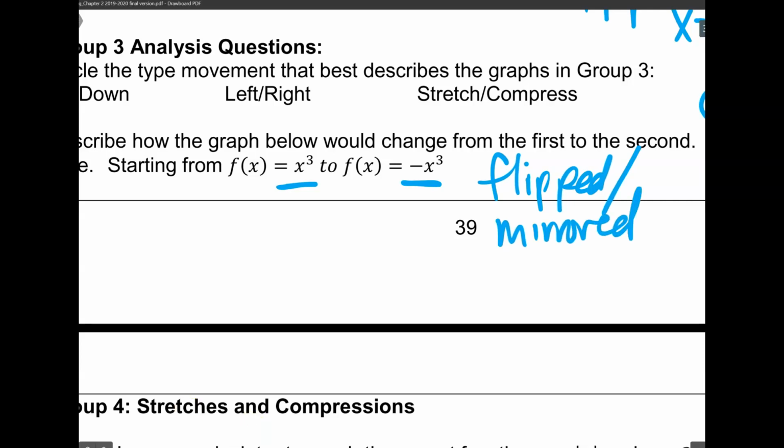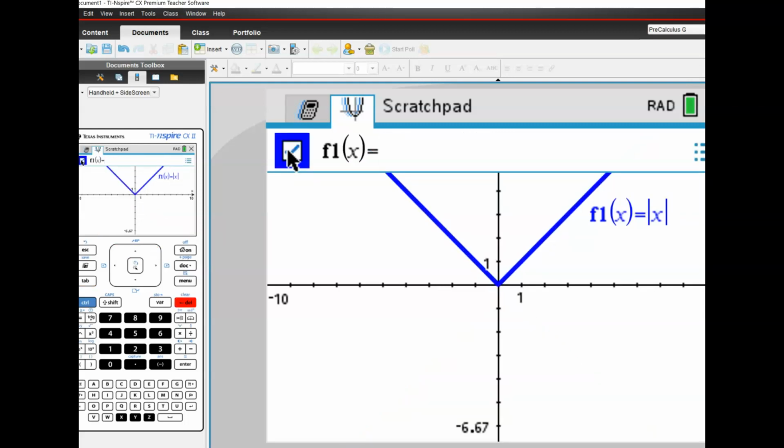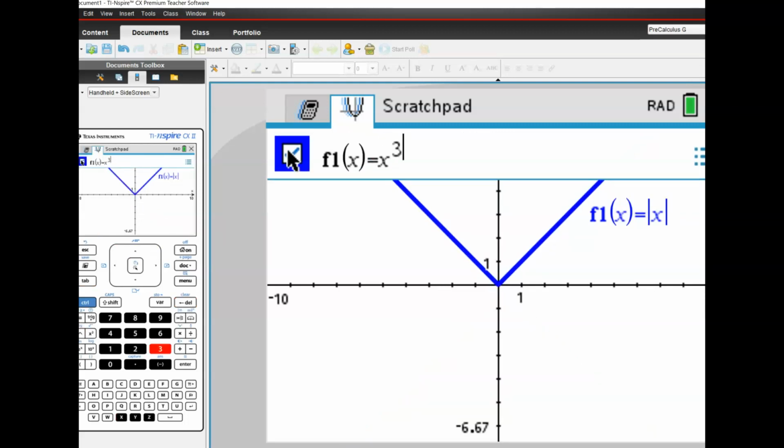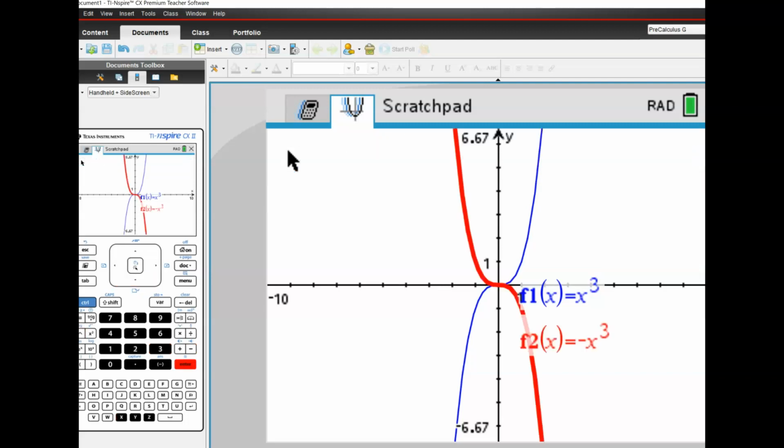We're going to graph this to make sure to see what it looks like. I put a negative x to the third power. Literally flipped across. What used to be positive is now negative, and what used to be negative is now positive.